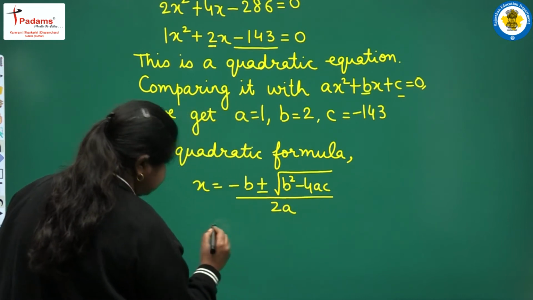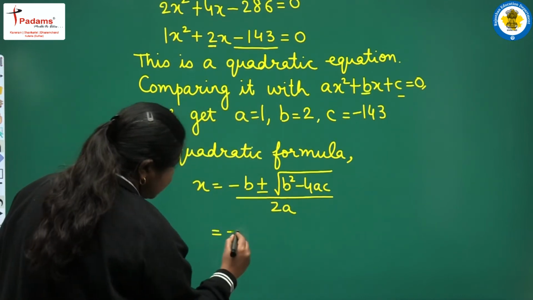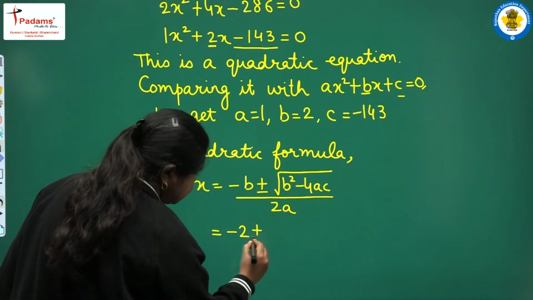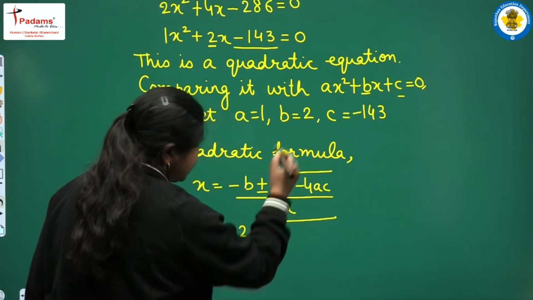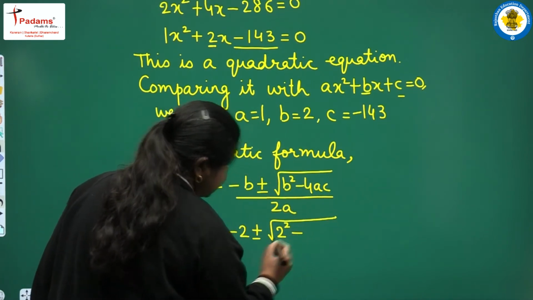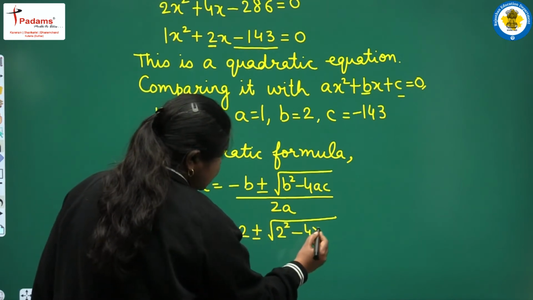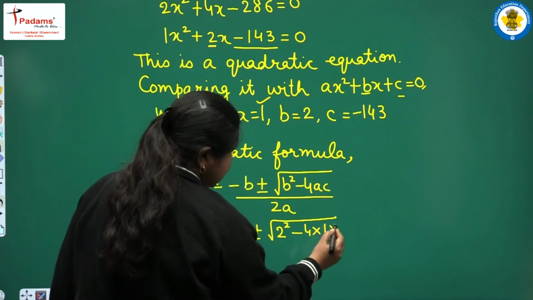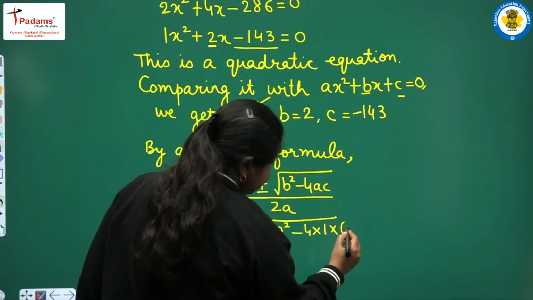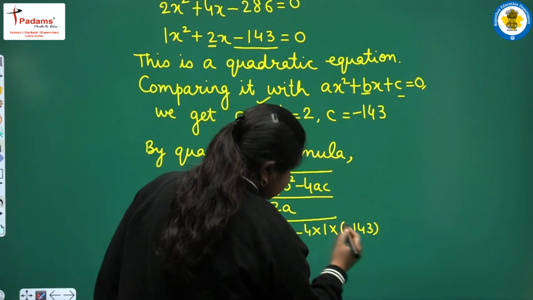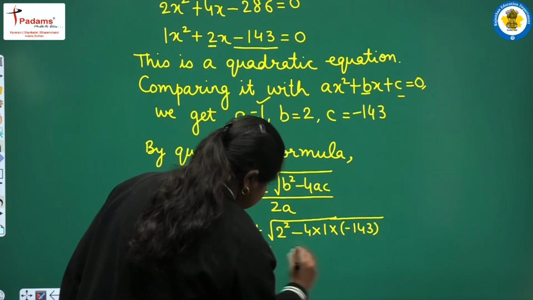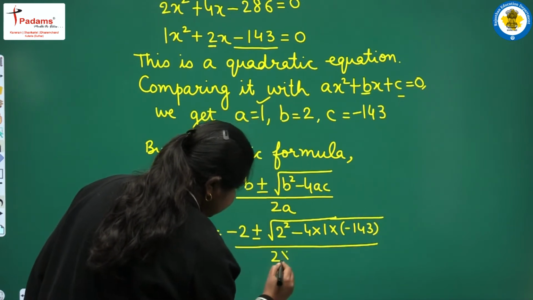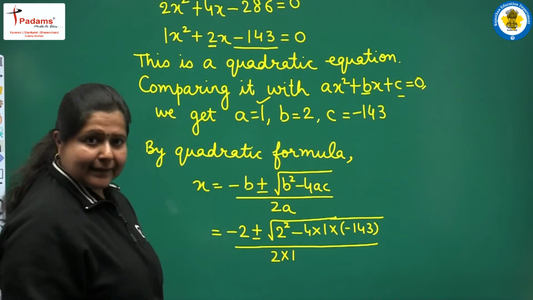Place these values. Minus b, b is 2, so it will be minus 2, plus minus under root b square, so it will be 2 square, minus 4 into a, which is here 1, so 1, and c is minus 143, upon 2 into a, it will be 2 into 1 as a is 1. Okay.